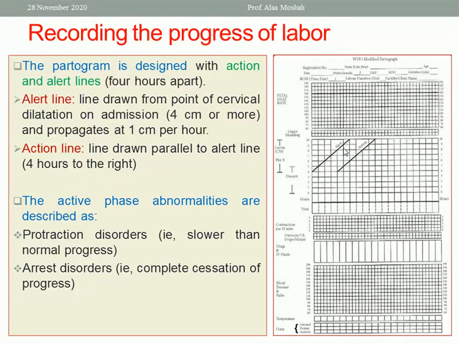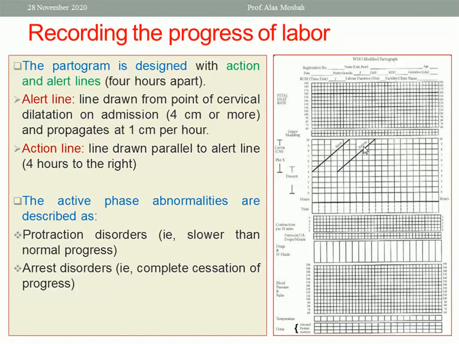So this alert line and action line are to make you aware of any coming problem. We should discover the problem early if there is delay in the progress of cervical dilatation, so you can interfere early and prevent complications to the mother or to the fetus.